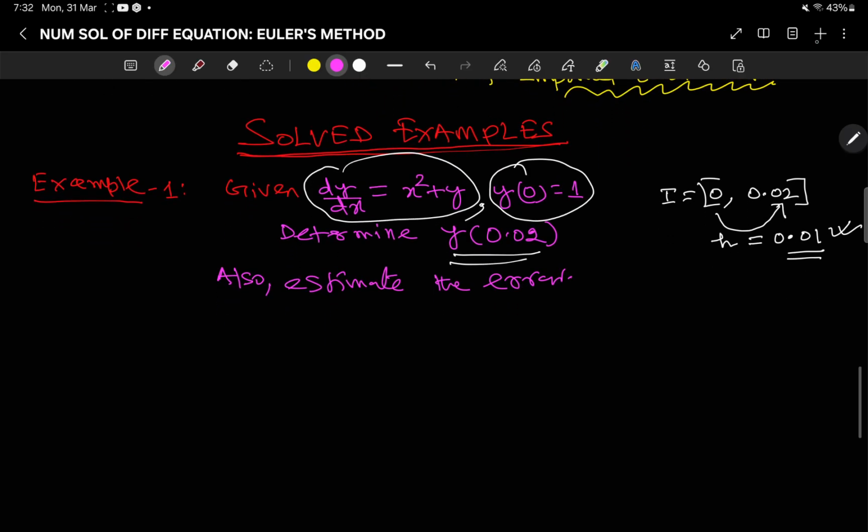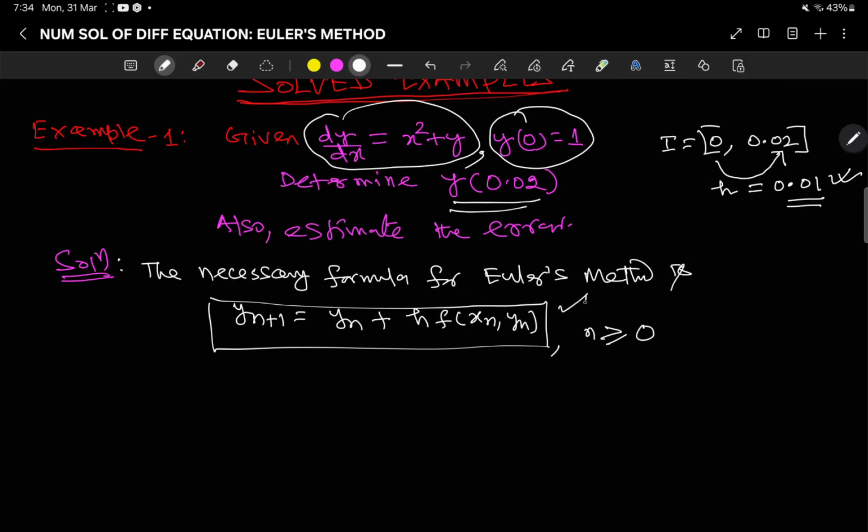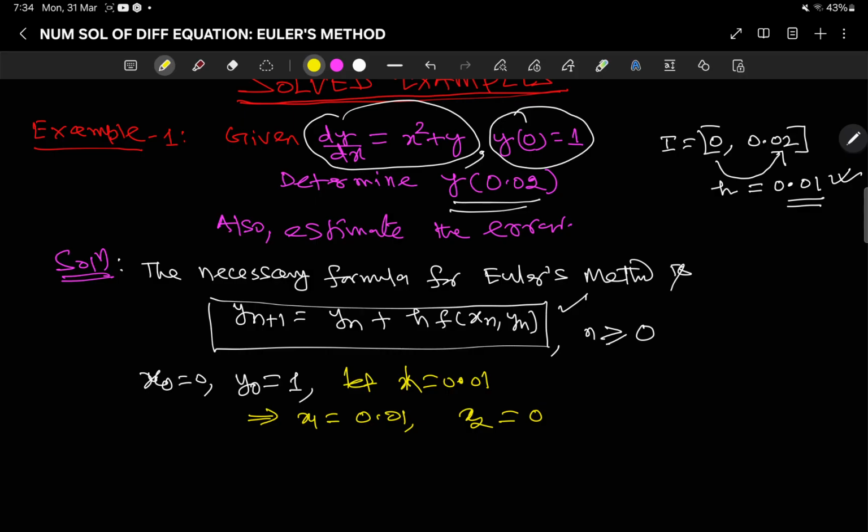Now the necessary formula is this. We are given that x0 is equal to 0, y0 is 1. Let h be 0.01. So x1 is equal to 0.01, x2 is equal to 0.02, and I reach the terminal point.